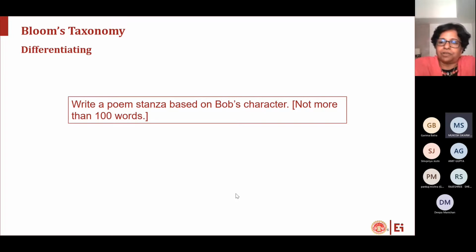Mukesh sir, C. Others? Yes. Mukesh sir has said, Pankaj sir, Amit sir, Rajshri ma'am, Garima ma'am.